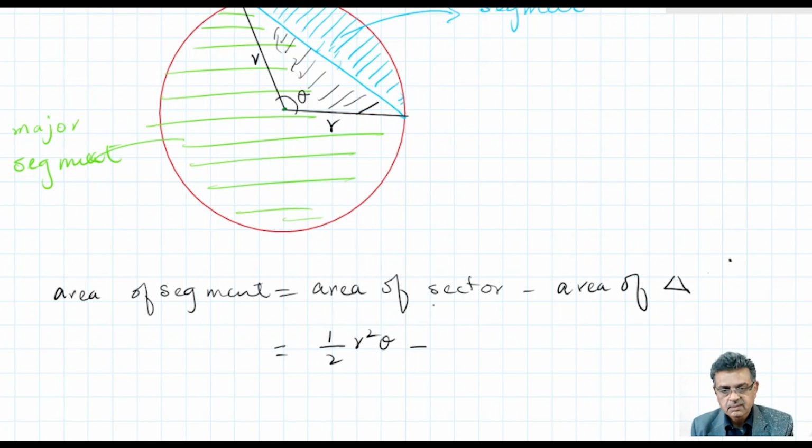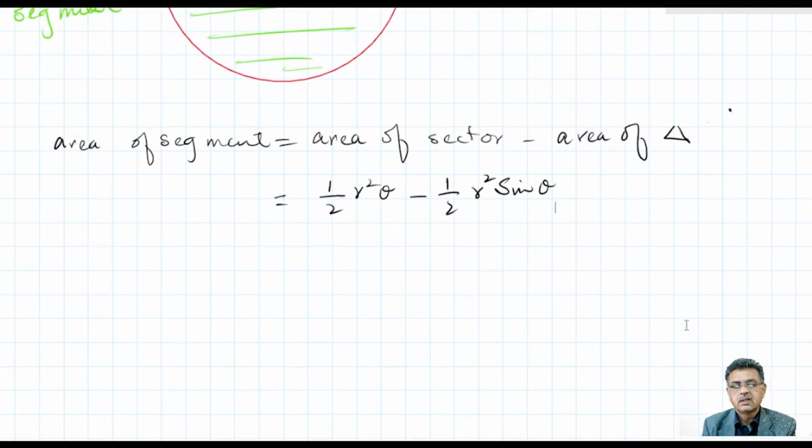Then its area will be half r square sine theta. Same rule that whenever there are two sides, so half AB sine C. That is the rule we have applied here. So we can write it in more simplified form. Half r square is common, theta minus sine theta.